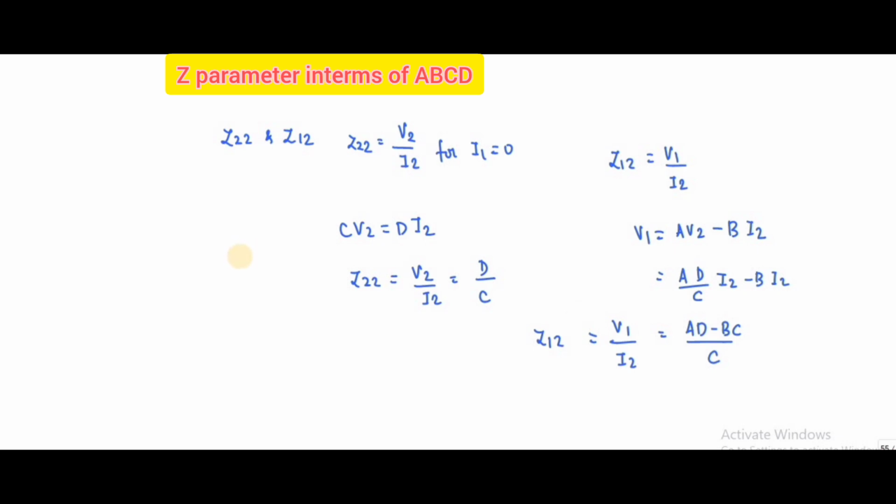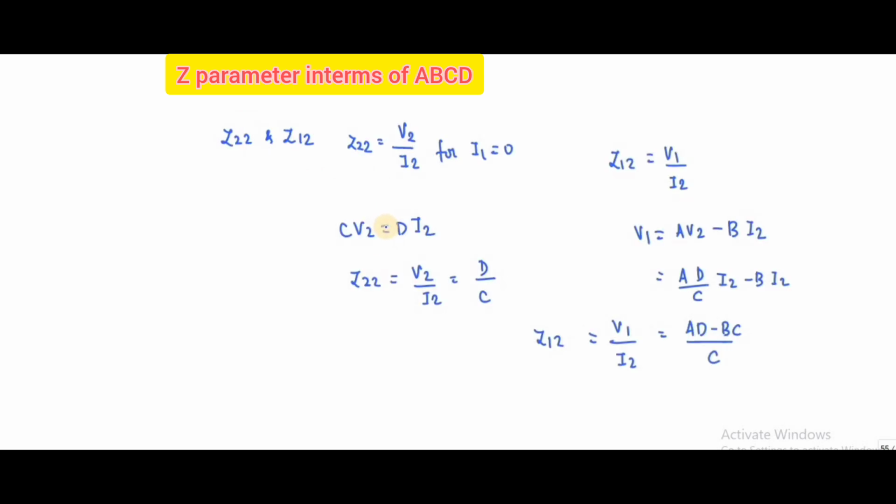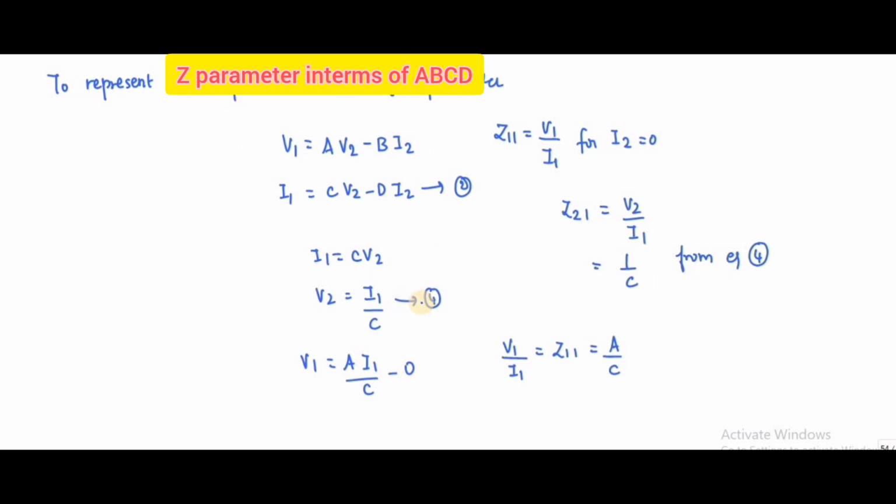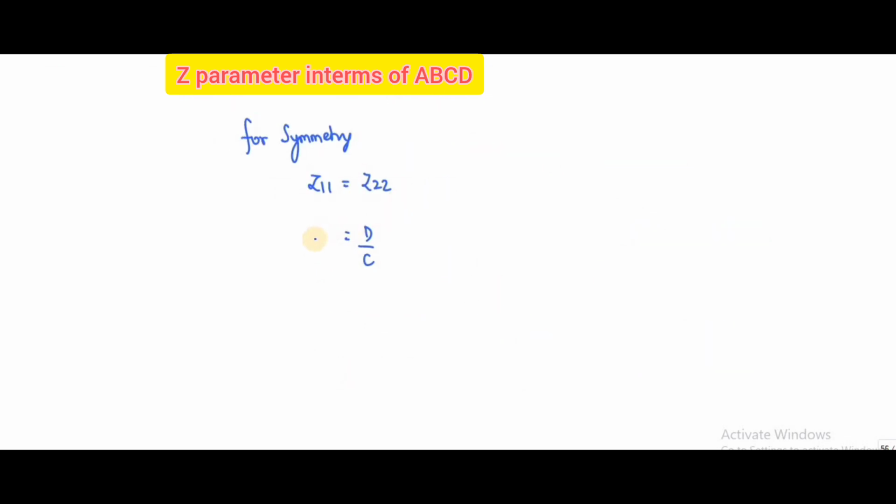So the condition of symmetry is Z11 is equal to Z22. So what is Z11? Z11 is A by C and Z22 is D by C. So you will get A is equal to D for symmetry. Next for reciprocity, Z12 is equal to Z21. So what is Z21?